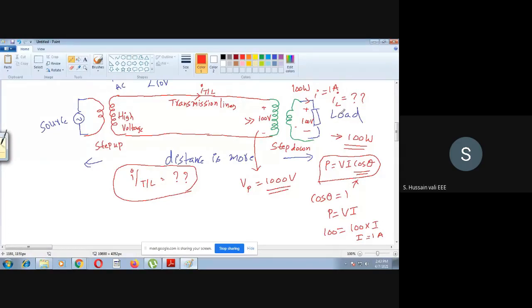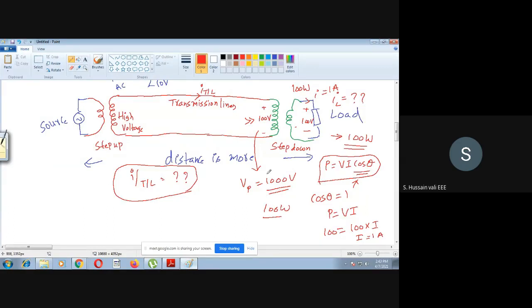Whether you have a transformer or you don't have a transformer, the power you have to supply to the load is 100 watt only, because the load requires 100 watt. You don't need to send more.